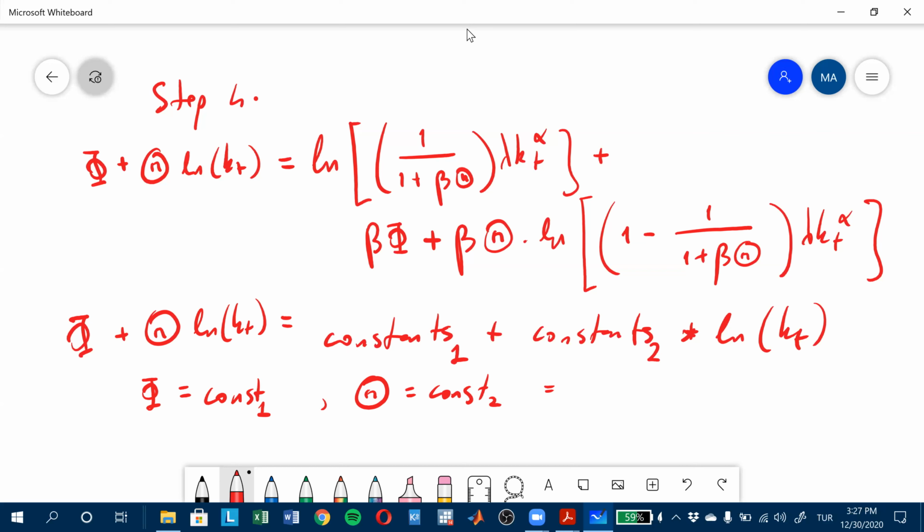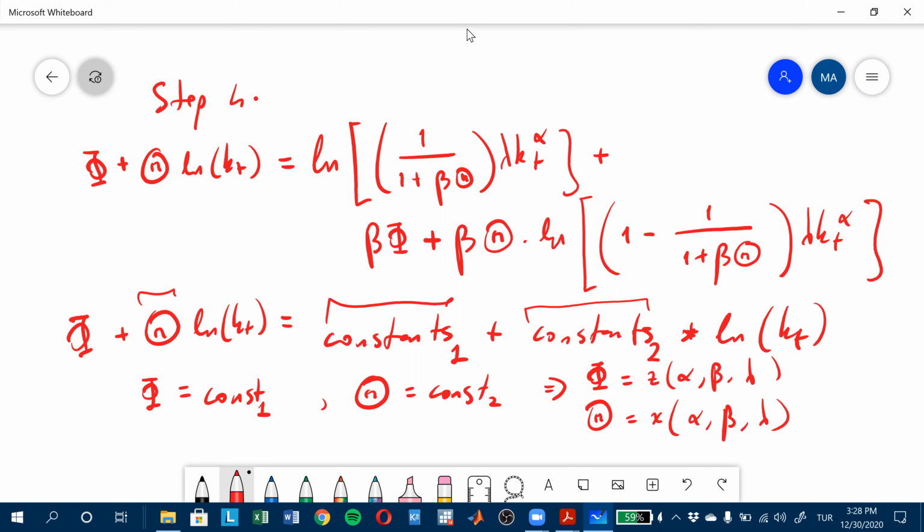Then out of these equations, you're gonna find phi and theta as functions of alpha, beta, lambda. These are your parameters. Then, if you match these terms, this means they have the same function, and then you can verify it.